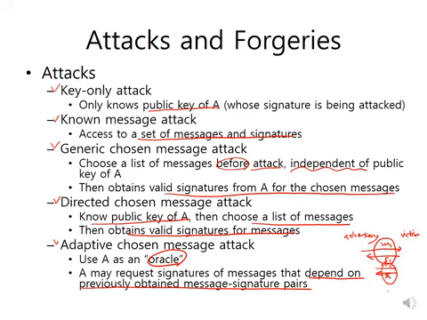So on the basis of this knowledge, this is selected, and on the basis of this knowledge, the later information is selected by the adversary. So this is called the adaptive chosen message attack. Among the 5 different attack scenarios, the adaptive chosen message attack is the most powerful attack scenario.